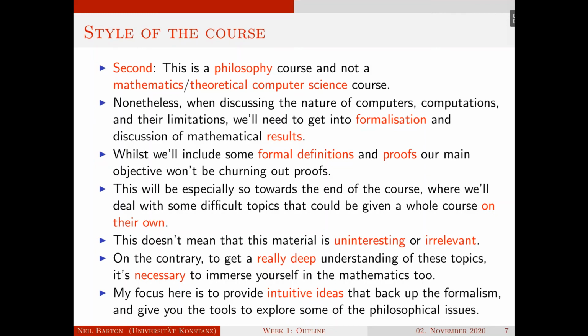Now, whilst we will include some formal definitions and we will talk about some proofs and go through some proofs, our main objective isn't to just churn out proofs on the blackboard, let's say. Our focus is going to be rather on getting to grips with how the relevant results mesh with philosophical considerations.